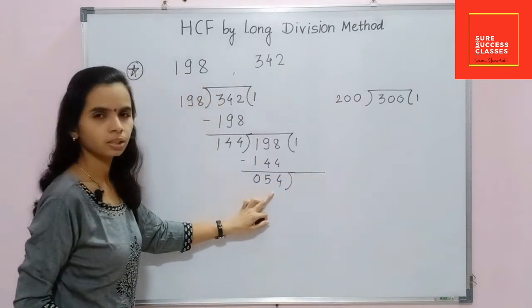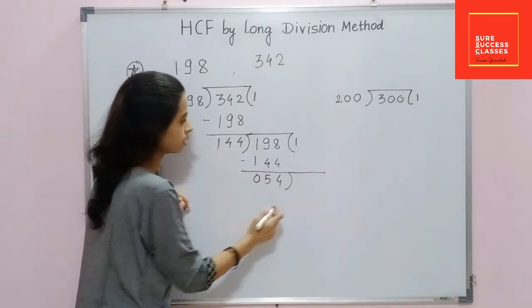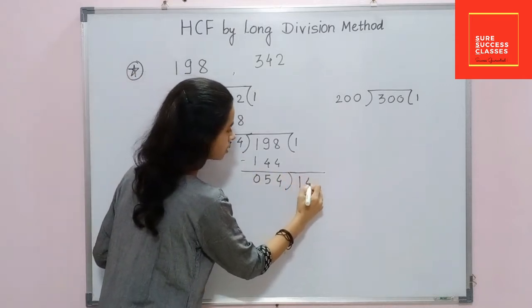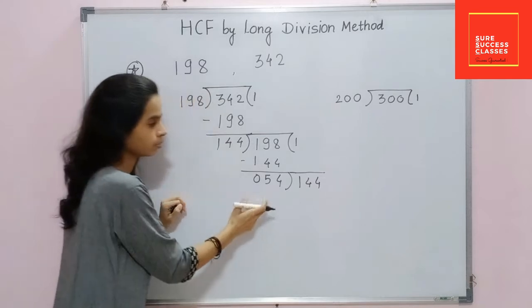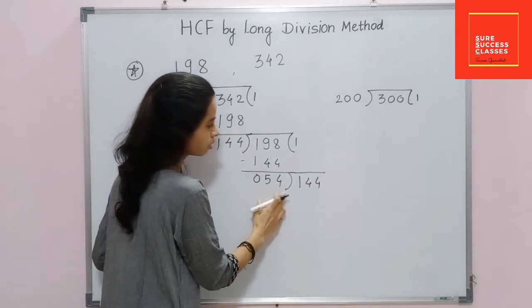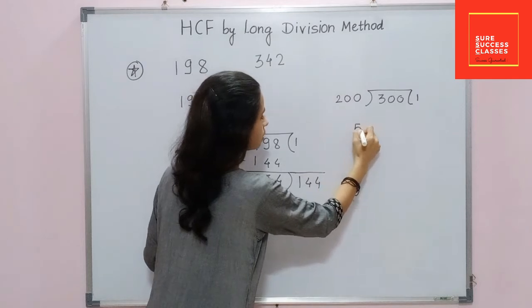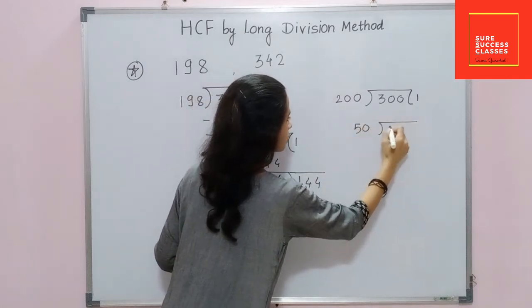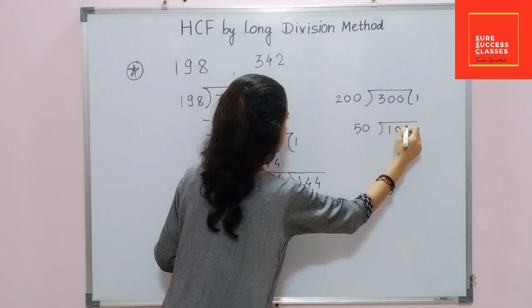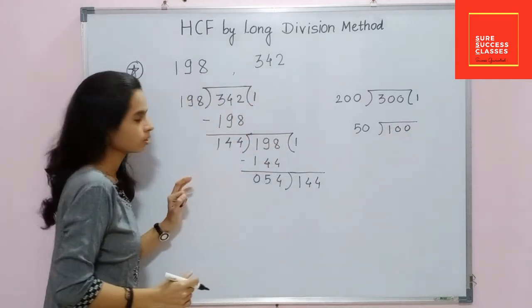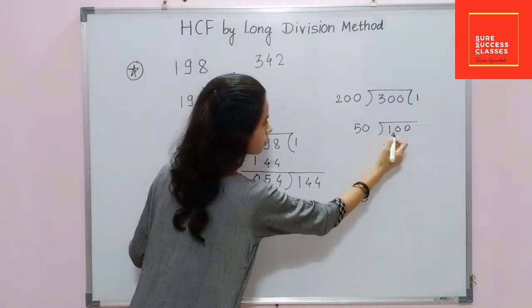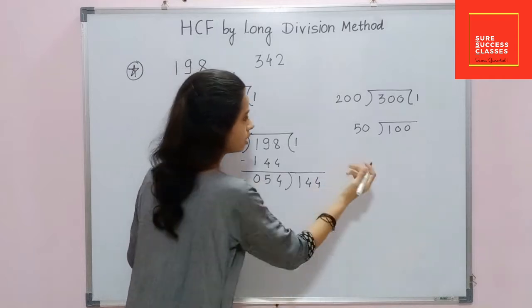Again this remainder is smaller than the previous divisor. We will divide the previous divisor by this remainder. 54 and 144. If we round off these numbers, 54 means 50, and 50 goes 2 times in 100.